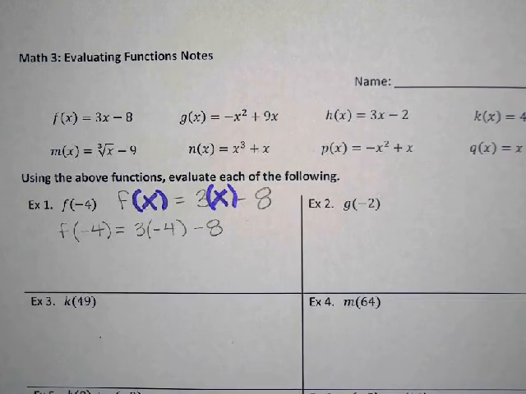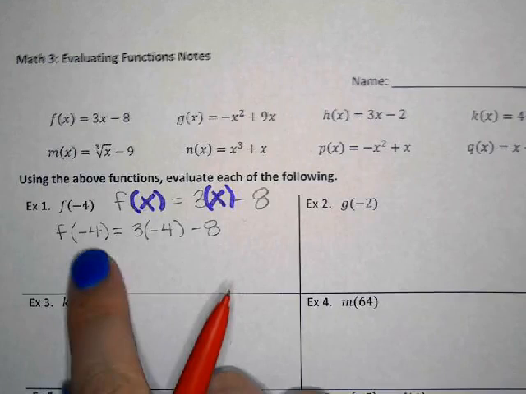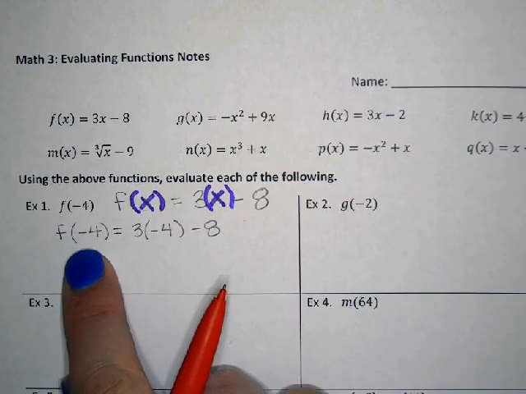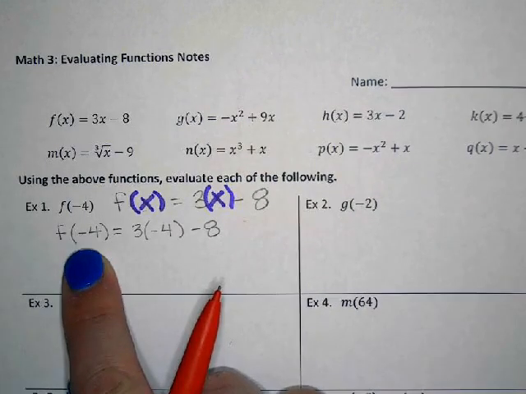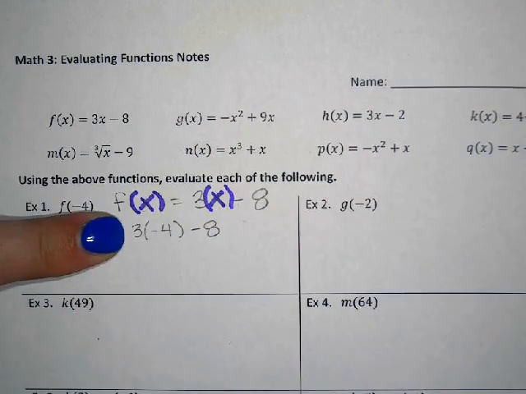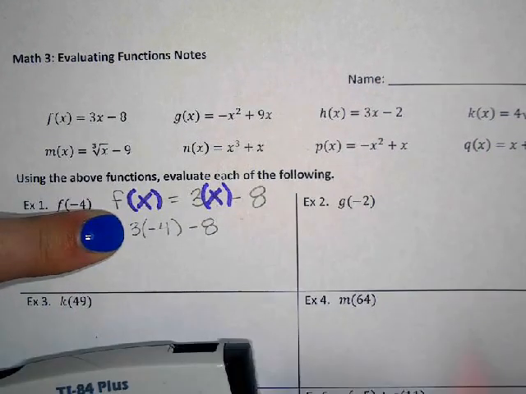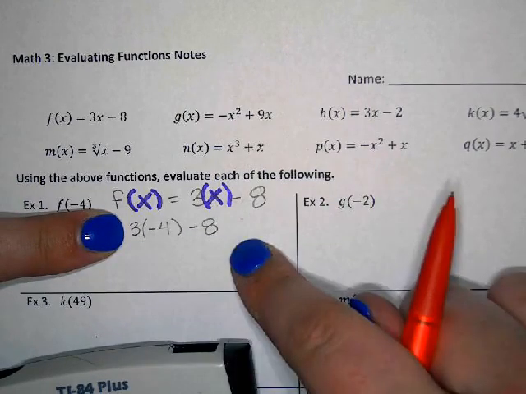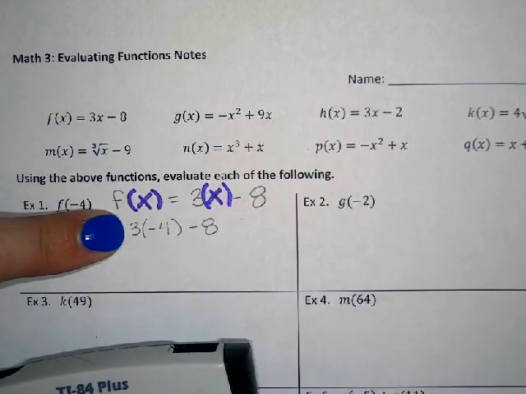Now, this part right here is notation. This is just telling me what I'm supposed to do for the problem. It's not the final answer. So I don't really need this part anymore. I'm just going to cover it up. And then the other part of the problem, this is what I actually need to type into my calculator to see what my answer is. And I'm going to type it exactly the way that it looks.